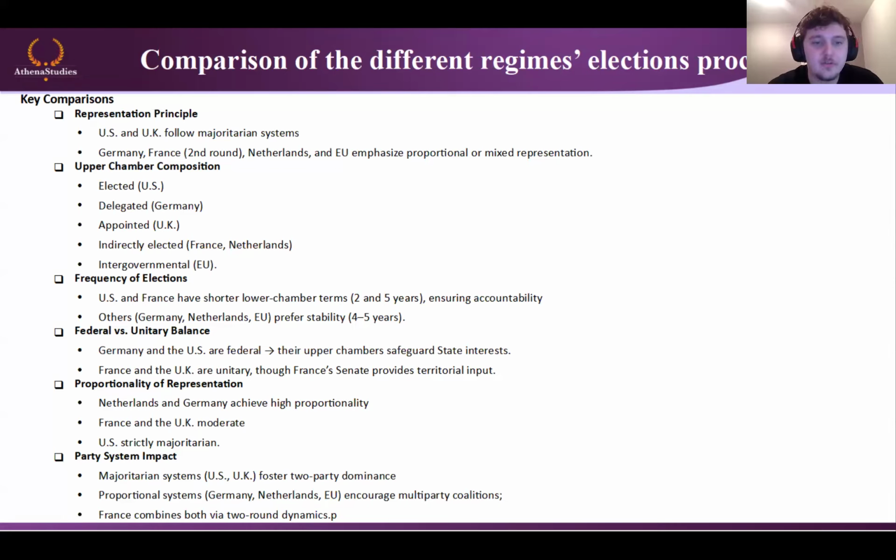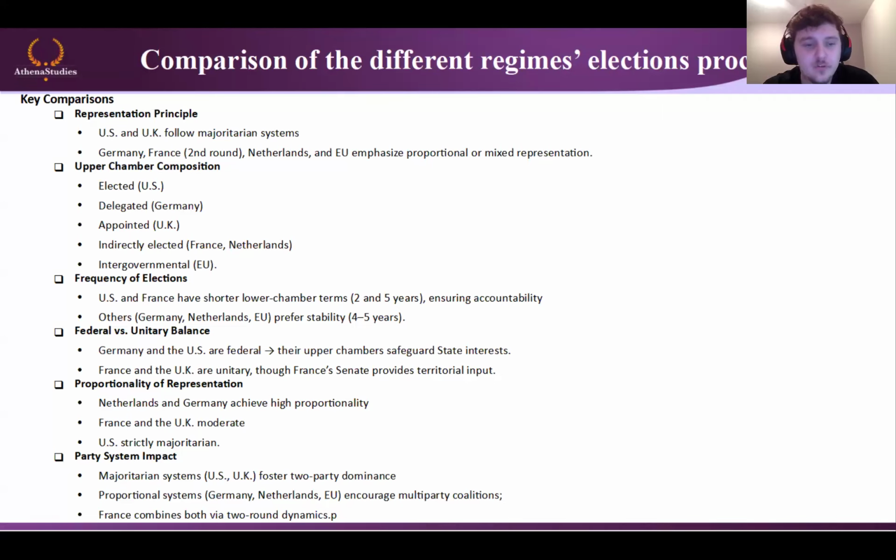Federal versus unitary balance. Germany and the US are federal, so their upper chambers safeguard the states' interests, while France and the UK are unitary, though the French Senate provides territorial input, so France kind of provides a balance. Proportionality of representation: the Netherlands and Germany achieve high proportionality.